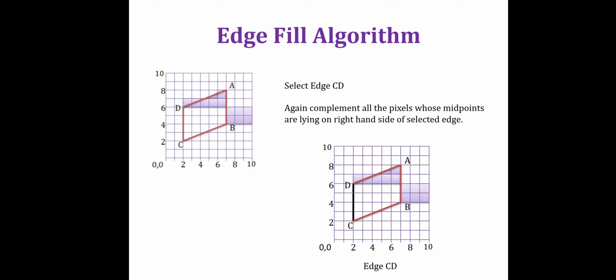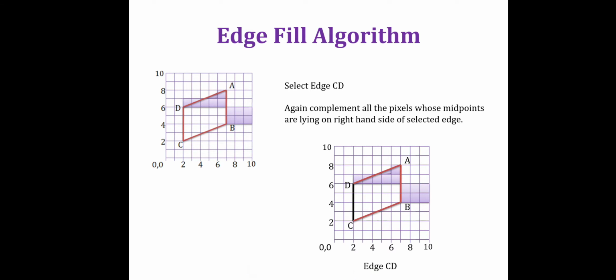So which region comes under the right hand side of CD? You cannot go above the D, you cannot go below the C, you cannot go to the left of the line CD. You have to fill the area which comes under this line CD only.